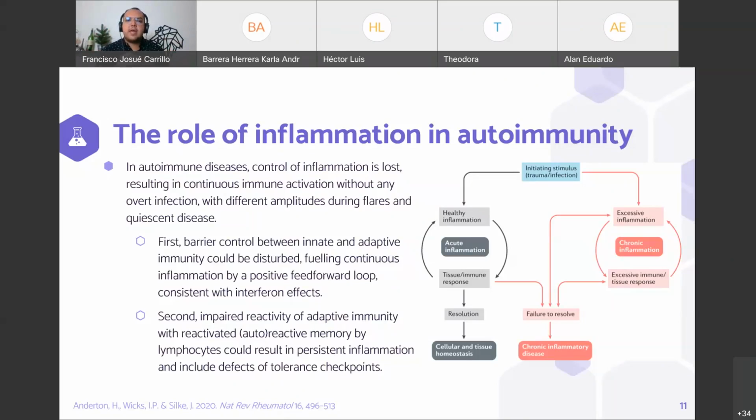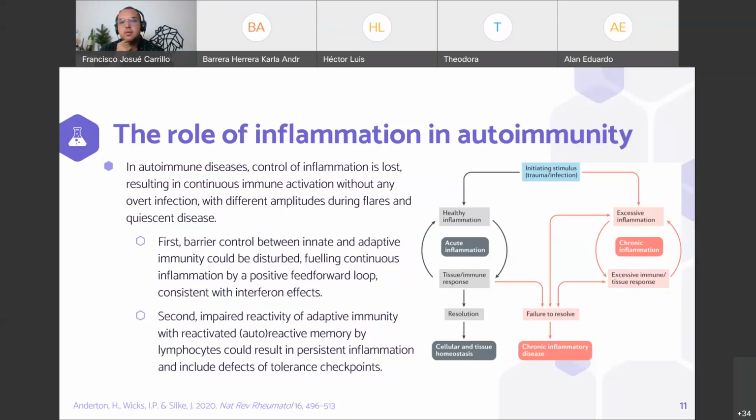First, the barrier control between the innate and the adaptive immunity could be distorted. This may continue or promote the inflammation by a positive feed-forward loop, or positive feedback, consistent with the interferon effects.